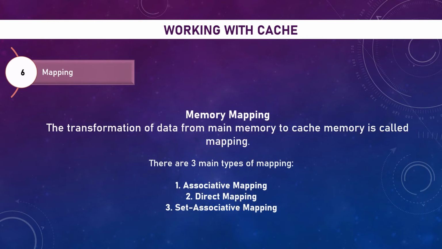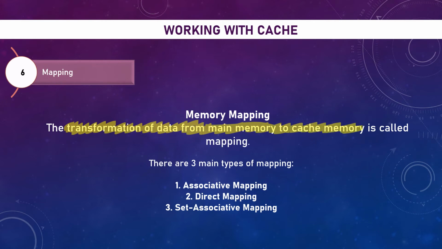Now let's see the different types of memory mapping. First, what is memory mapping? It is the transformation of data from main memory to the cache memory.